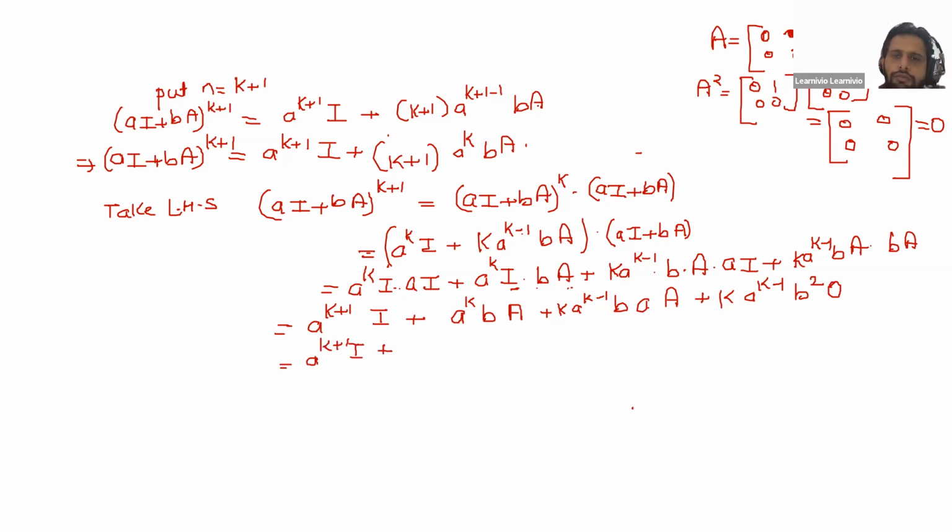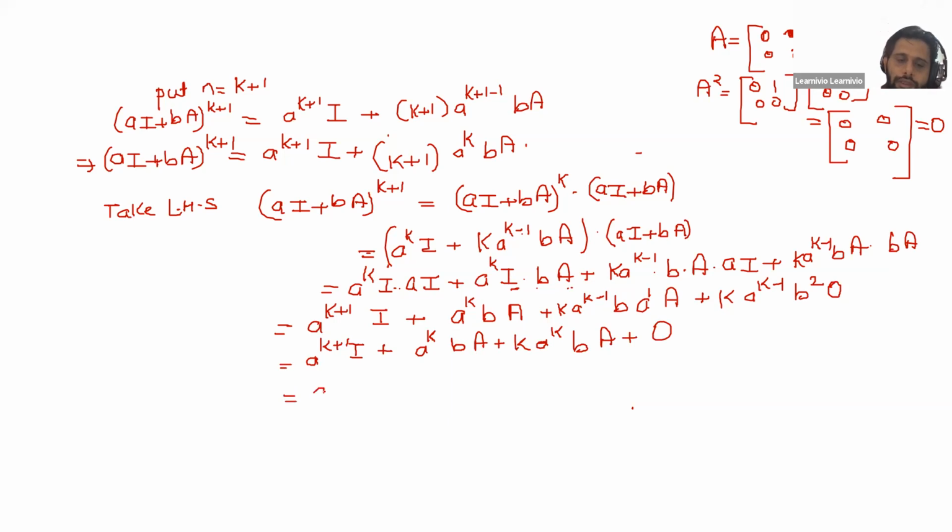plus here we can take out common. We can take a to the power k common. We can take b common. Okay, the powers will get added. So we will get a to the power k b a plus null matrix.